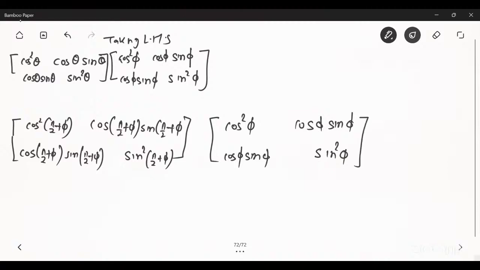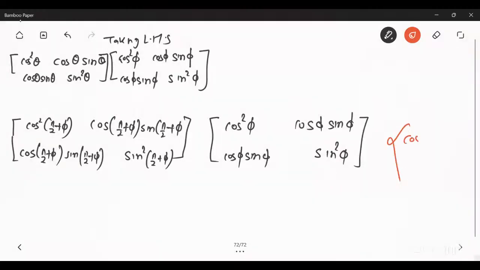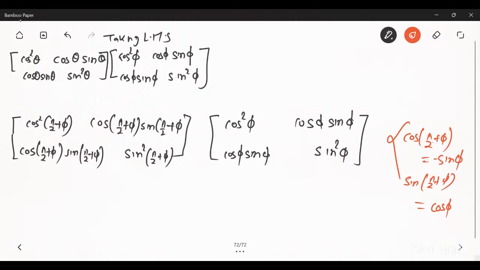Now, generally we know that cos (90 plus theta) is minus sin theta. Cos (pi by 2 plus phi) is minus sin phi because it comes in the second quadrant and an odd multiple of 90 changes to sine. Sin (90 plus theta) is cos theta, because sine changes to cos, and in the second quadrant sine is positive.